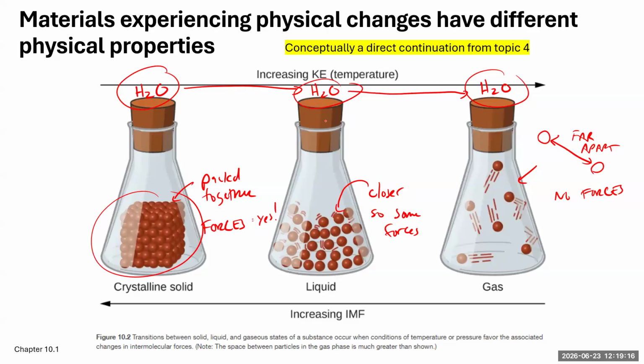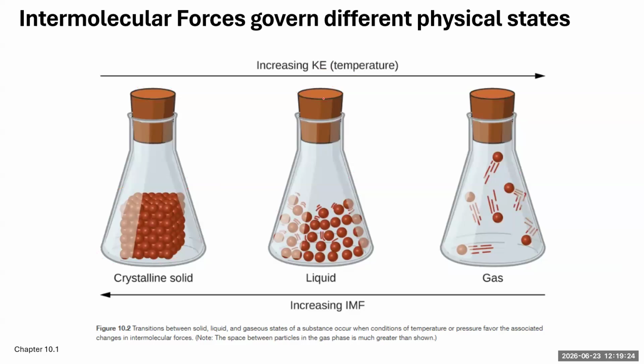So again, these are just physical changes because it stays the same formula, but we're going to start dealing with these things called intermolecular forces. Intermolecular forces govern these physical states, right? You cannot have a solid without these particles interacting with each other. Those interactions, those intermolecular forces, keep those particles together.